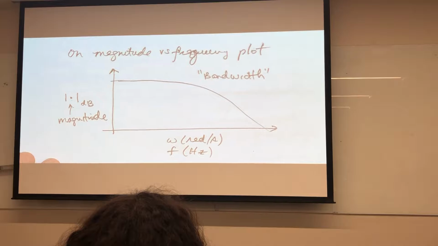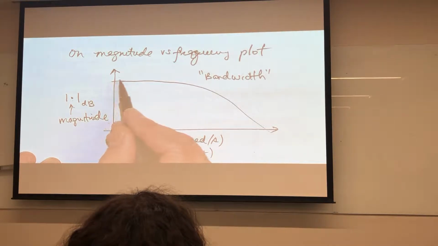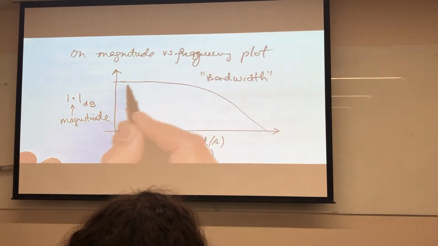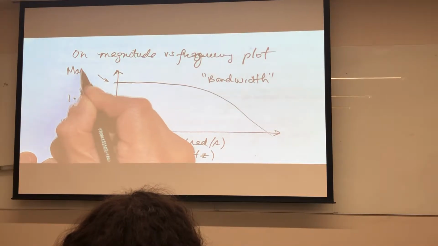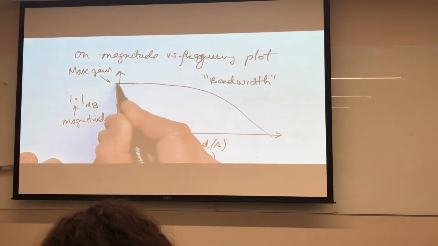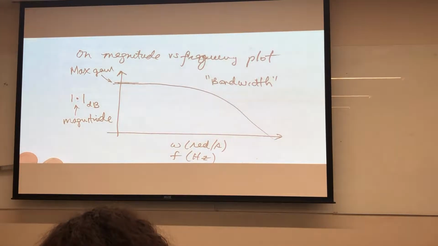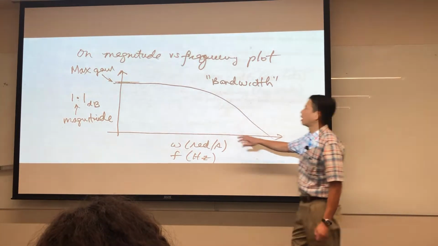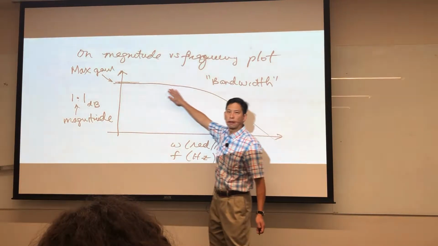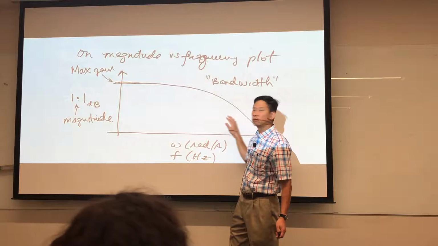If you take a look at this plot, we can say that there is a maximum gain. Maximum gain is somewhere here. We don't know, it's got some number. As frequency increases in most systems, the response starts decreasing.